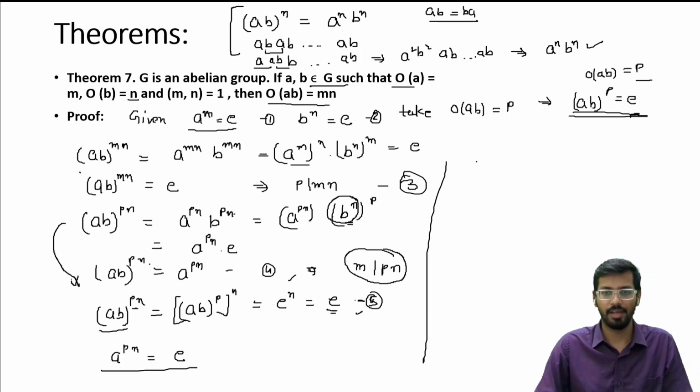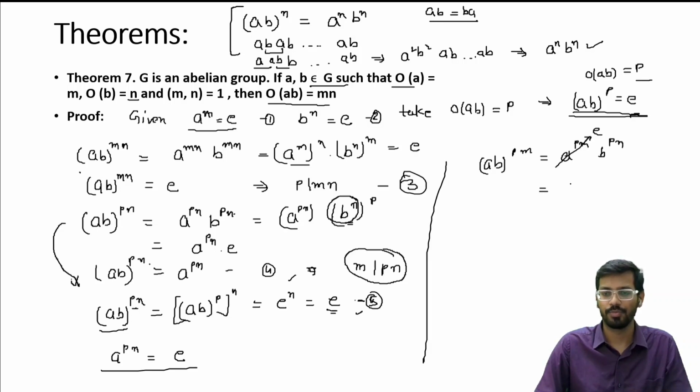Similarly we can take (ab) raised to power pn, that is equal to a raised to power pm, b raised to power pm, and this is equal to identity element.